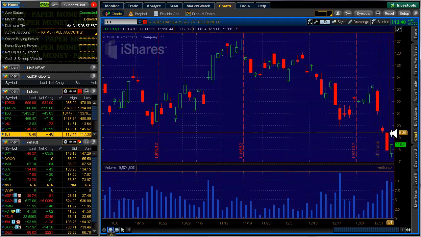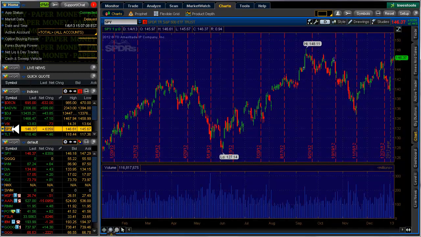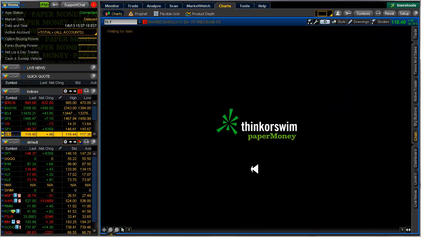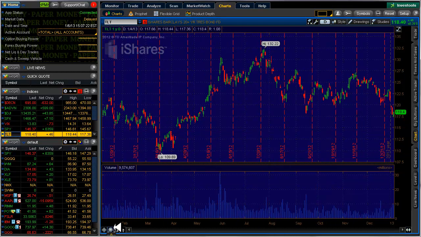On Thursday there was actually a little bit of a pullback, and there was a slight gain on Friday in the overall market if we were to take a look, say, at the spiders. But it does sort of look inverse in certain aspects to TLT. So I guess we can still say that that holds true.